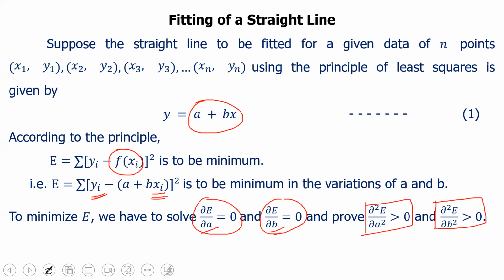If you want to find the maxima, it should be less than 0. Here, since we want to minimize it, this value will always be positive. So our aim is to solve these two equations. We have to differentiate partially with respect to a and with respect to b, and then find the values of a and b.